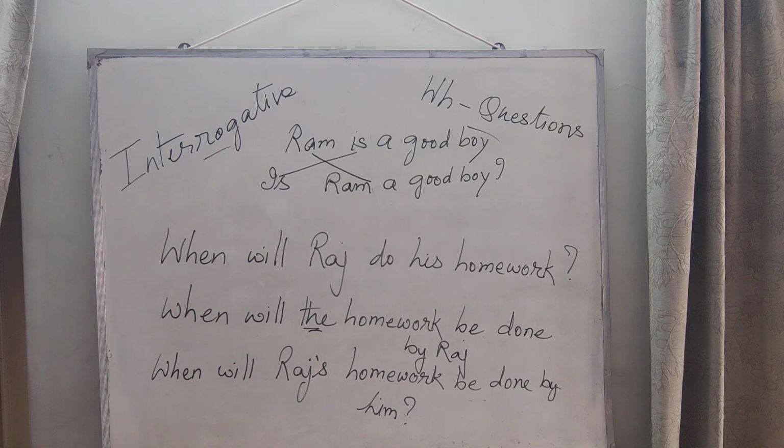Whatever your teacher prefers is always welcome. So when will Raj do his homework? When will the homework? এখানে কিন্তু homework এর আগে his দেবে না, because his is pronoun আর pronoun কিন্তু noun এর আগে বসে না. So when will the homework be done by Raj? আর না হলে when will Raj's homework be done by him?